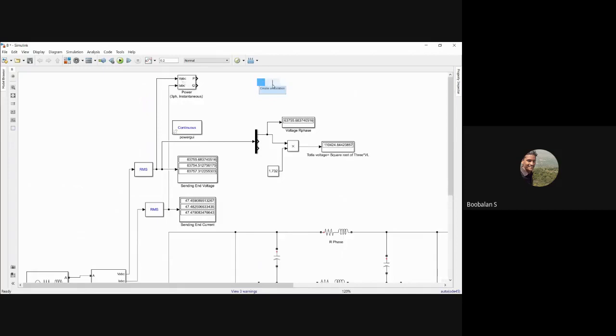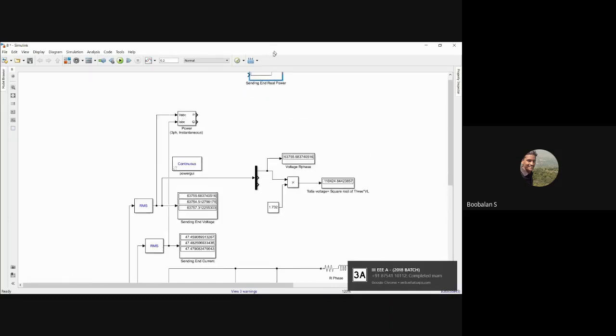So use display, sending end real power, right? Sending end real power, and sending end reactive power, right?